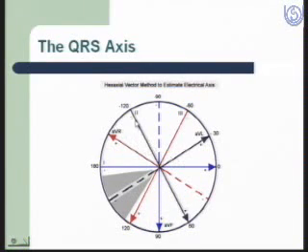And we can place the normal leads in this hexaxial method. Lead 1 will be oriented this way, lead 2 this way, and lead 3 this way, with a positive and a negative pole. Similarly, AVL, AVR, and AVF. So we have to calculate the QRS axis in the frontal plane using this hexaxial vector method.